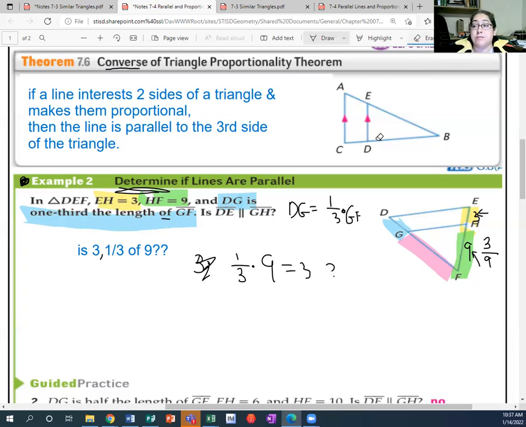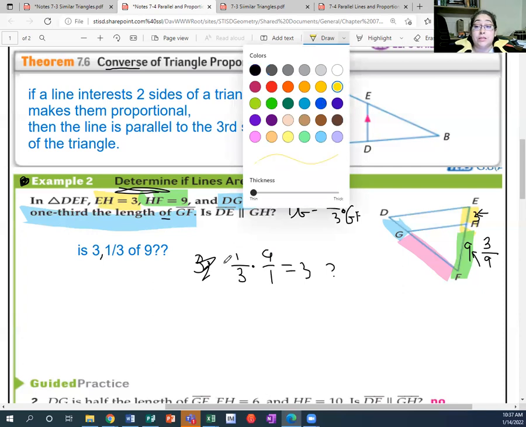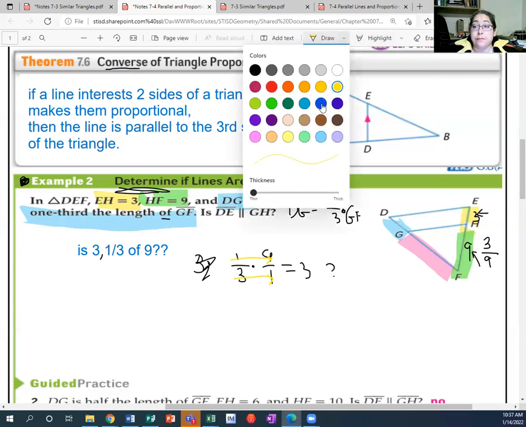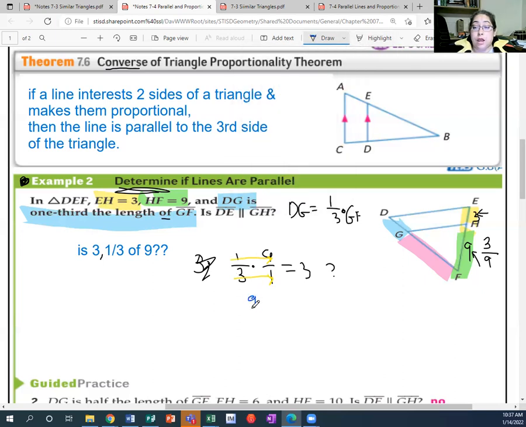This multiplication seems weird, doesn't it? What if I replace the 9 with a fraction, 9/1? That's easier because to multiply fractions, I go straight across. What is 9 times 1? 9. What's 3 times 1? 3. What's 9 divided by 3?